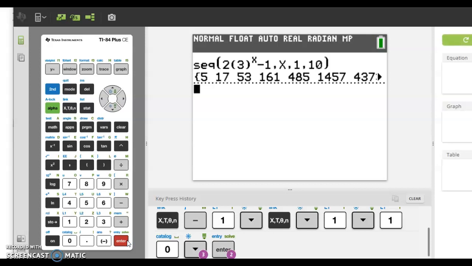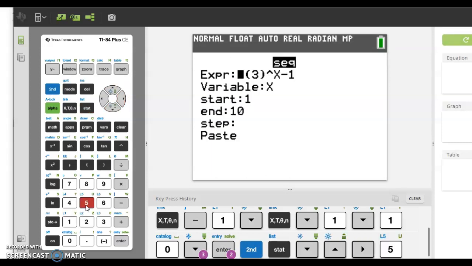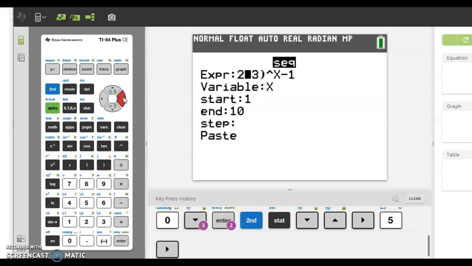So it just gives you something wrong. Oh, there we go. That -1 did not go back into the exponent. Let's try that again. Second stat ops 5. Let me fix this exponent.